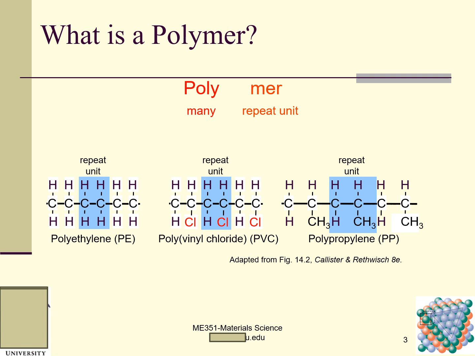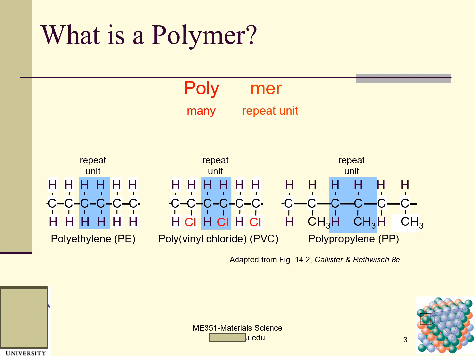And here H, H, C, C, H, another H here. We say this one is our original mer, the repeat unit, and here it is changed. This H is changed to CH3. So this is one single repeat unit. If we have multiple of this kind of unit, we call this polypropylene, so PP.